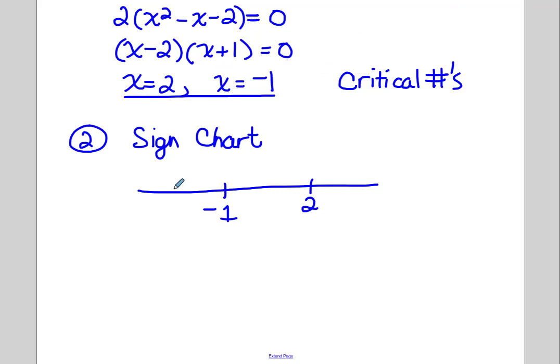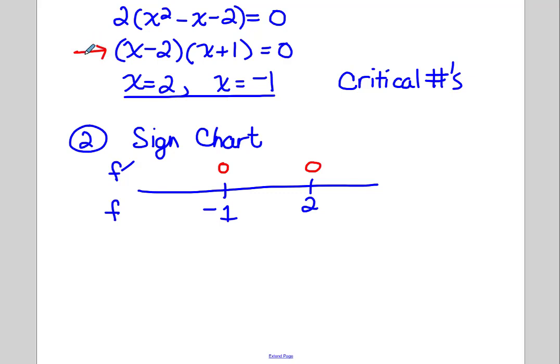So let's say we record the function behavior here and the derivative behavior on the top line. So one thing I know is at my critical numbers, my derivative is 0 at both of those critical numbers. And I'm going to think about this line right here.